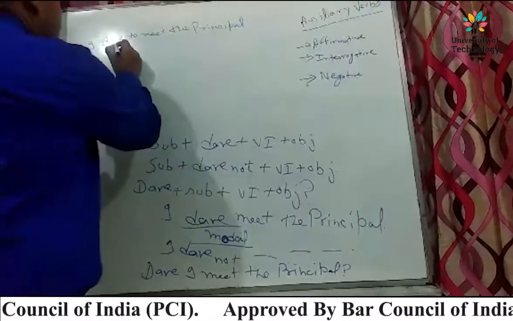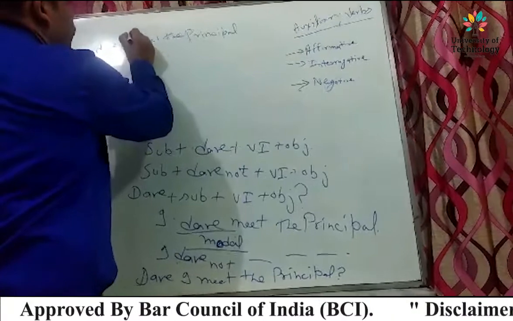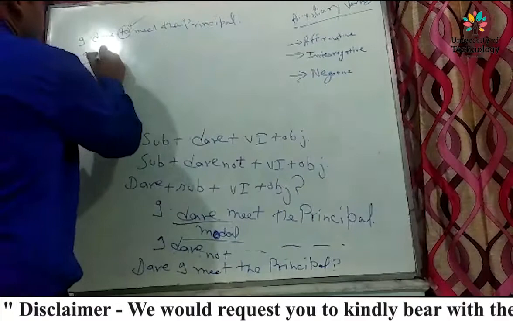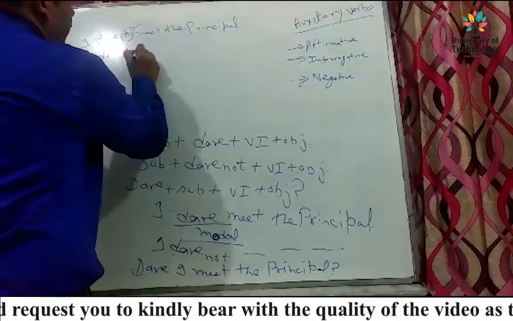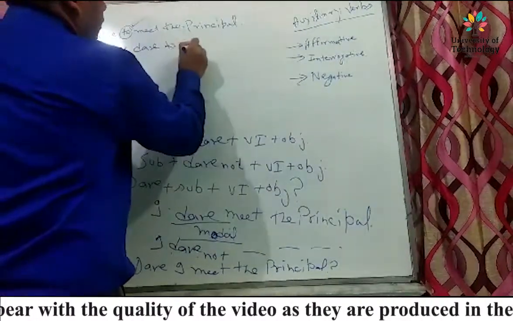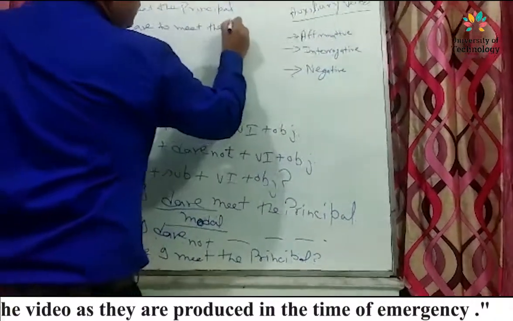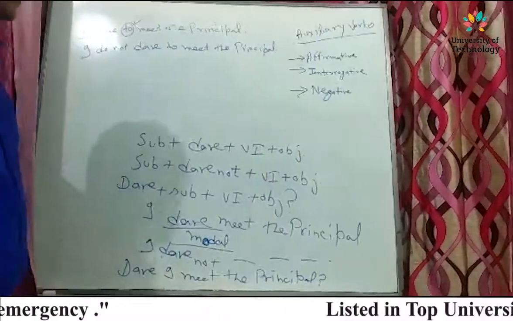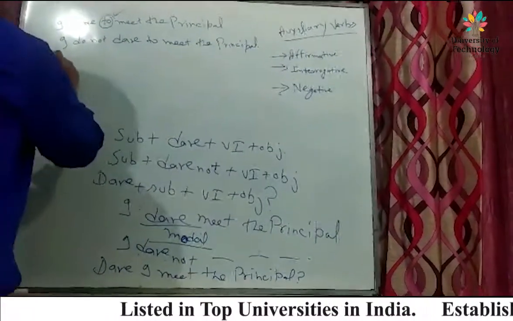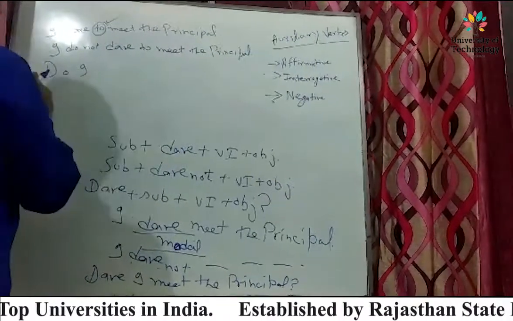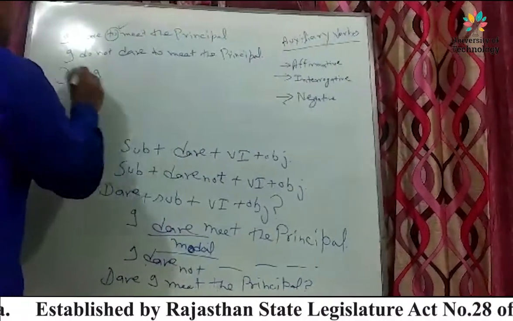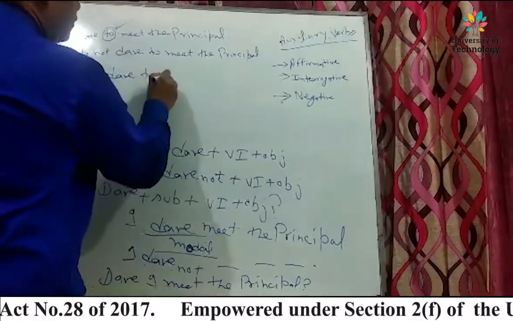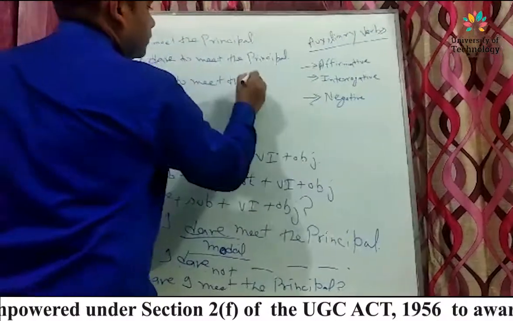Here we have to attach two verbs with the help of the preposition to. In negative, I do not dare to meet the principal. In interrogative, do I dare to meet the principal?